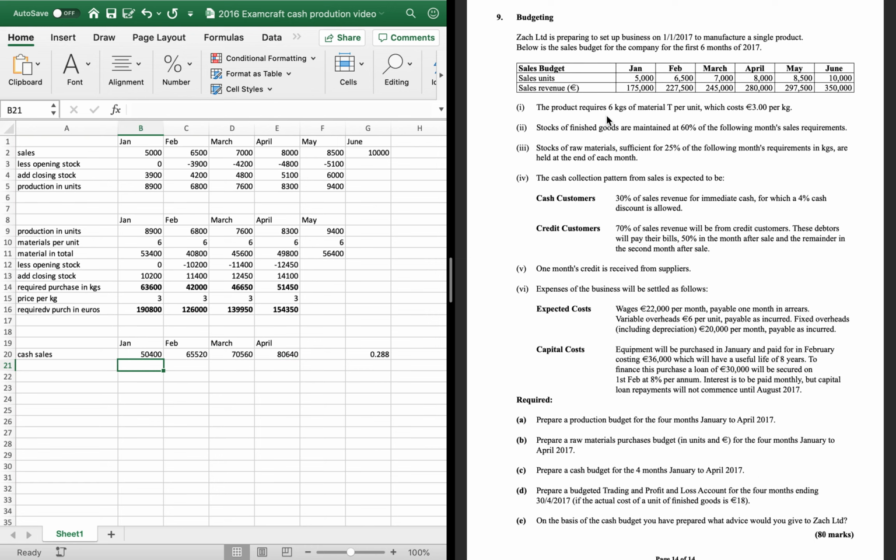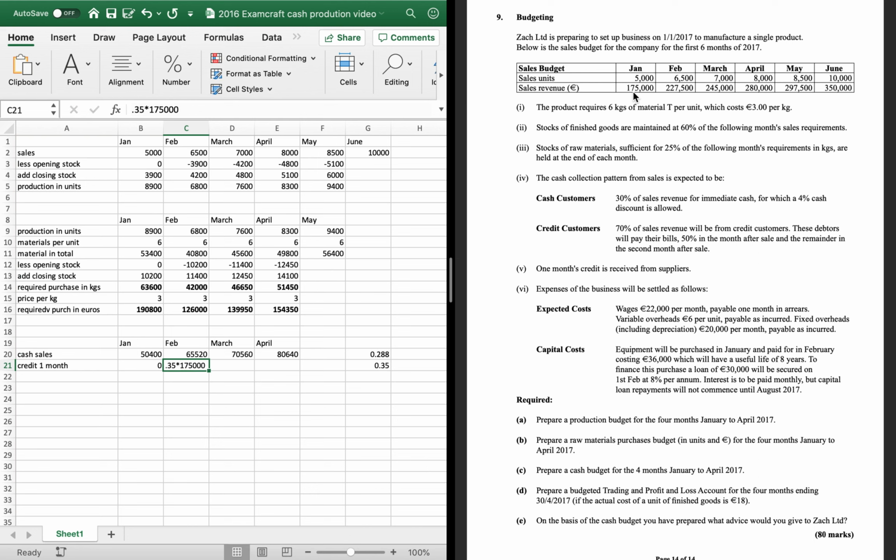So that's our cash. The rest of it is our credit collection. And it tells us we're collecting 70%, half of it 1 month after. So nothing in January. Half of 70% is 35%. So 35% of January's 175,000 gets collected in February.